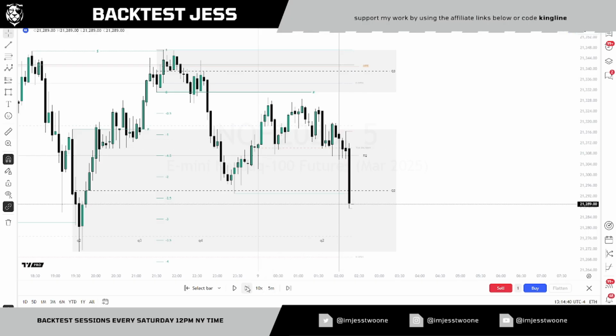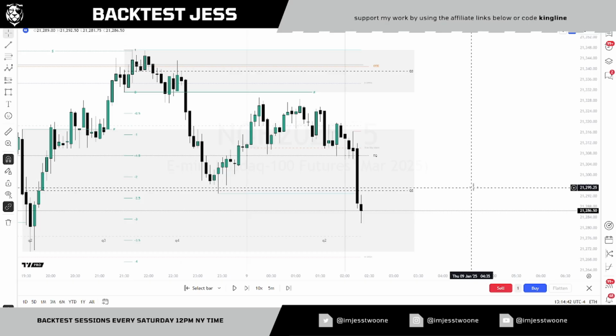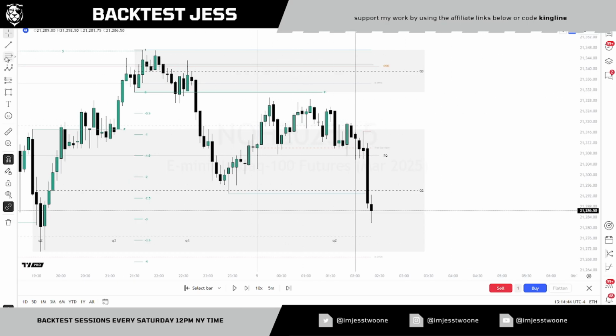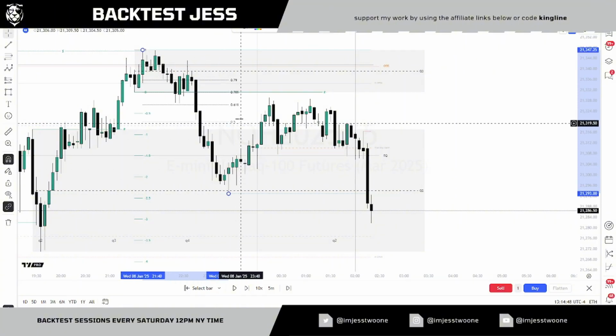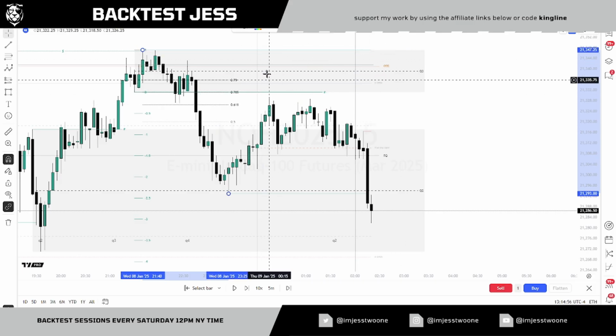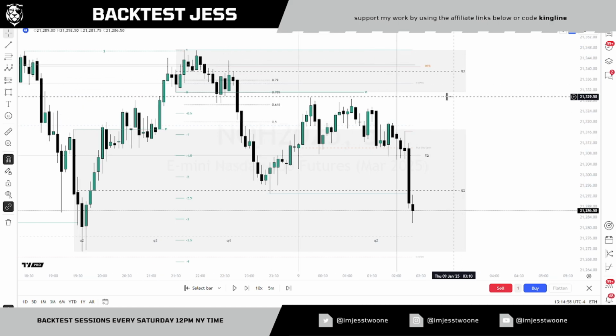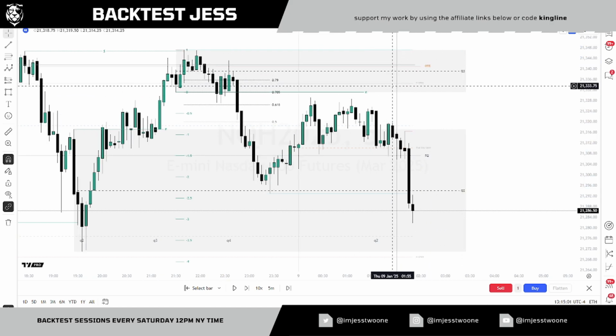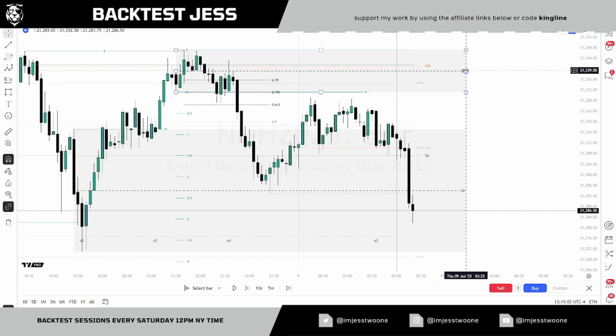So now, darn, it does keep going. Again, I don't think it met our criteria anyway. So from this expansion down, oh darn. It would have hit 0.618, but we require the zone plus OTE. And the zone is actually, this is Adrian's baseline. It has to tap the zone.